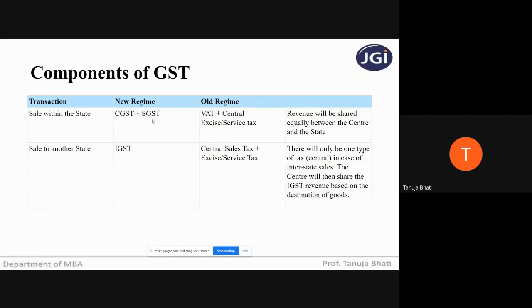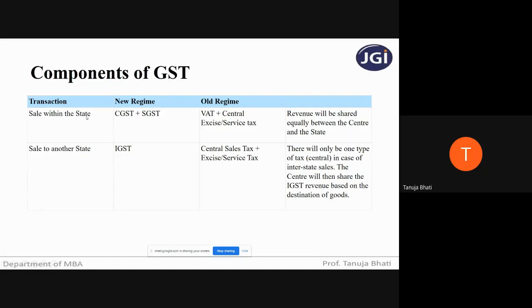Suppose I'm selling a particular vehicle part at 18%. So equal amount of tax goes to the state and central government, which means 9% will go to the central government and the remaining 9% will go to the state government.